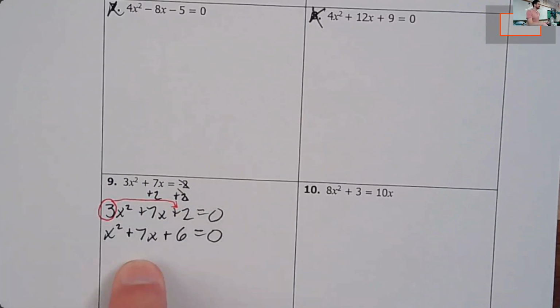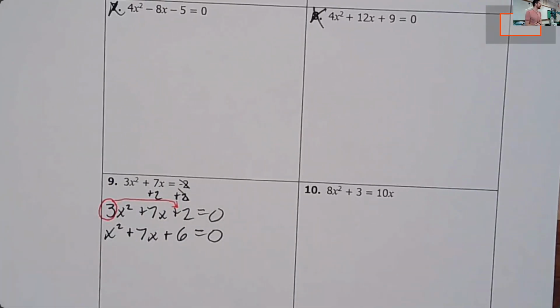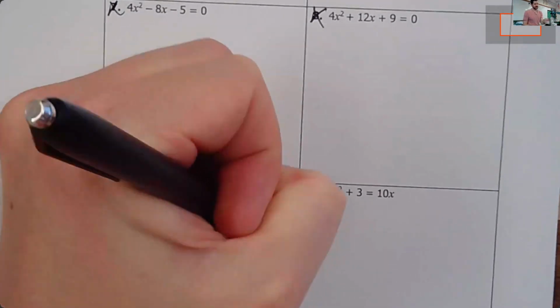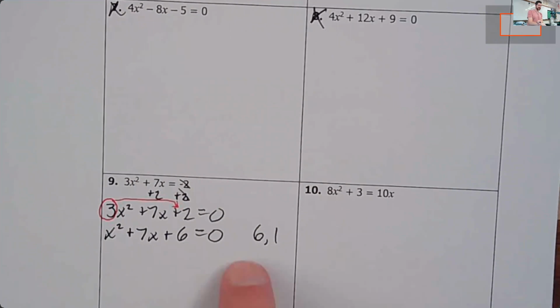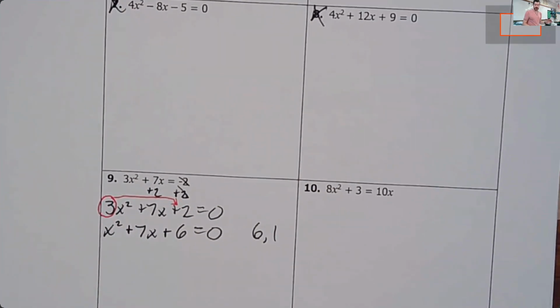Does 2 plus 3 equal 7? No. Okay. What other 2 numbers multiply to equal 6? 6 times 1. Does 6 plus 1 equal 7? Yeah. Those work. 6 plus 1 is 7. 6 times 1 is 6. All right.